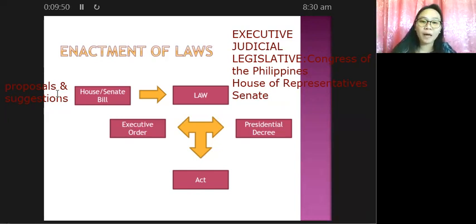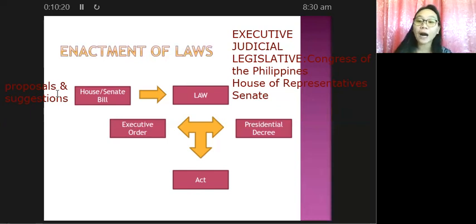Depending upon which particular house this bill is filed in, it may be referred to as a House bill if it is in the House of Representatives, the lower house. However, if that particular bill is filed in the Senate, then it is referred to as a Senate bill.